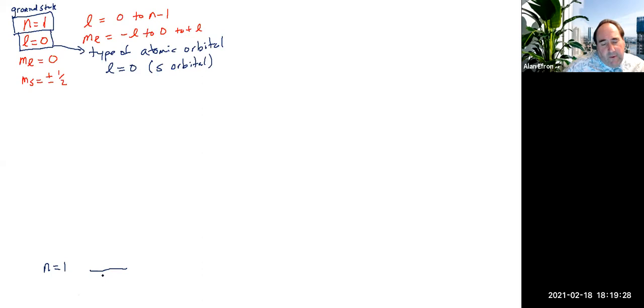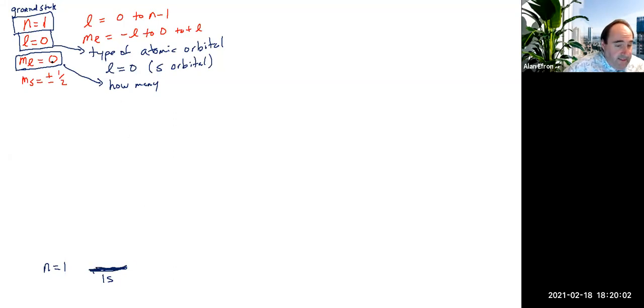That means the orbital that we find on the first energy level is an s orbital, and we would represent that as a 1s orbital. Again, the 1 means we're on the first energy level, and the only orbital there is an s. How do we know how many there are? Well, M sub L is only one number, so there's only one. We would represent it by just one line.